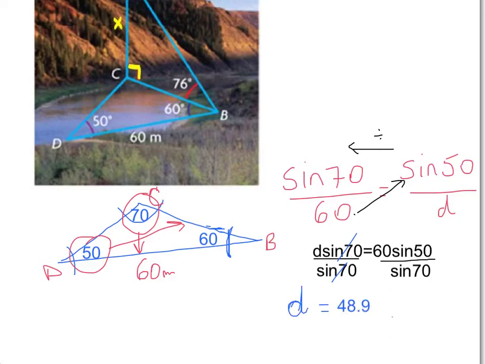Now don't forget that D, this little d that I found, is actually equal to BC, this side up here. Okay, so now since I have a right triangle, I can use regular trigonometry. Let me redraw the triangle up here, or down here, one sec.